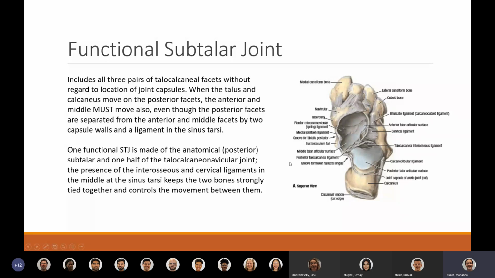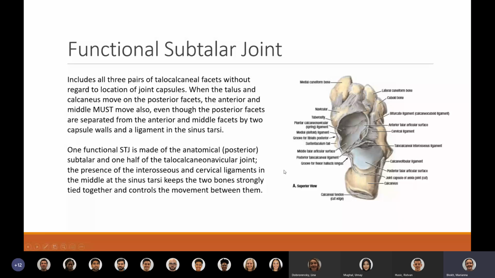Even though your posterior facet is separated from your anterior and middle facets by the capsule wall, by these ligaments, the interosseous ligament and sinus tarsi, which separates the 2 areas, in one motion the other facets get affected. So functionally, we classify the middle, anterior, and posterior calcaneal and talar facets together as one functional subtalar joint unit.